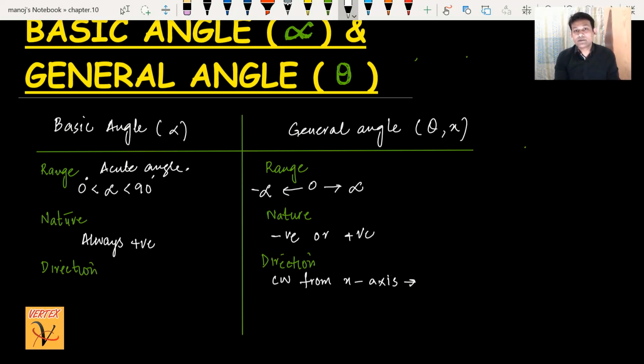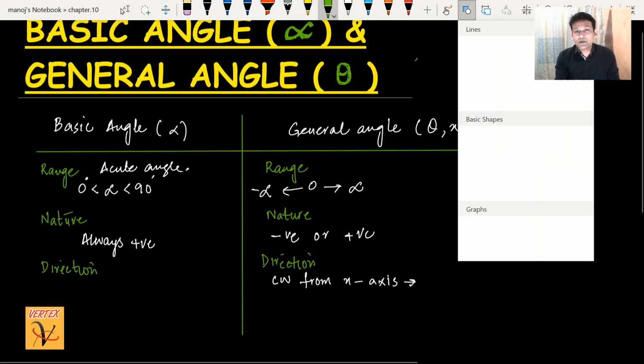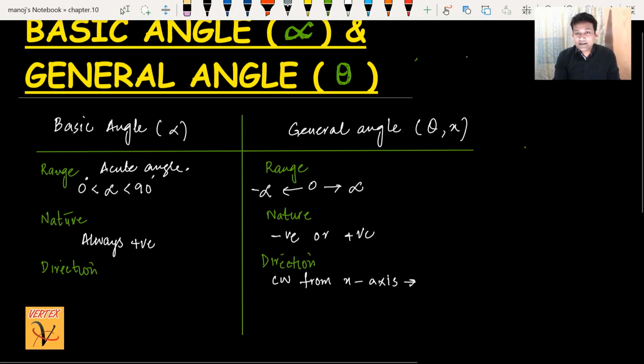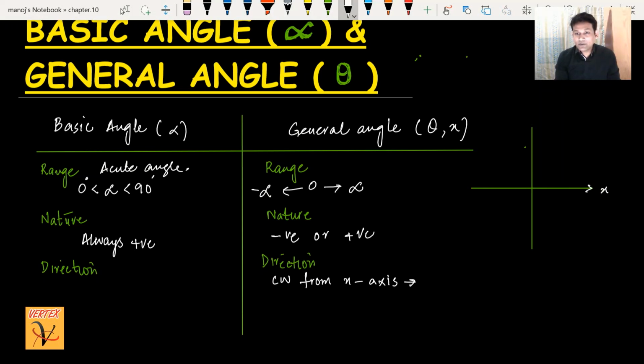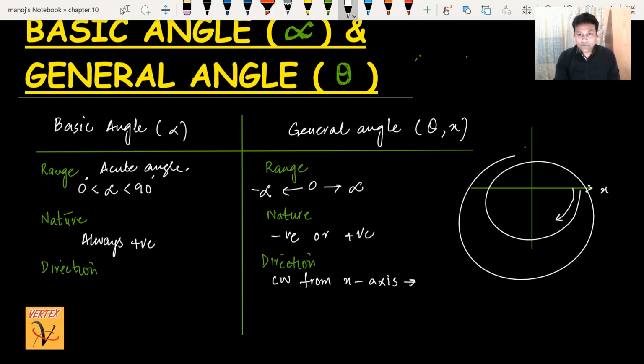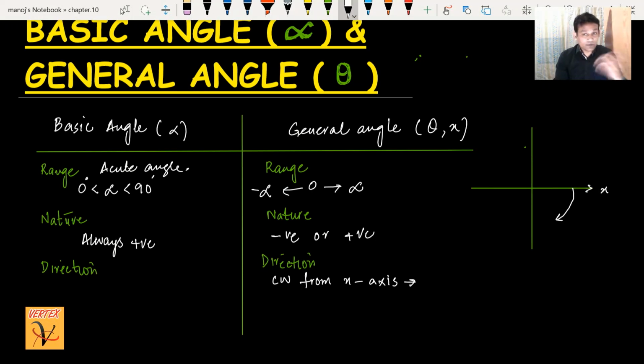Clockwise from x-axis means when I draw a simple axis here, this is x-axis, and from x-axis when I move clockwise, like this, there's no problem, we can rotate a number of times, but this direction from x-axis, clockwise, is always considered negative.